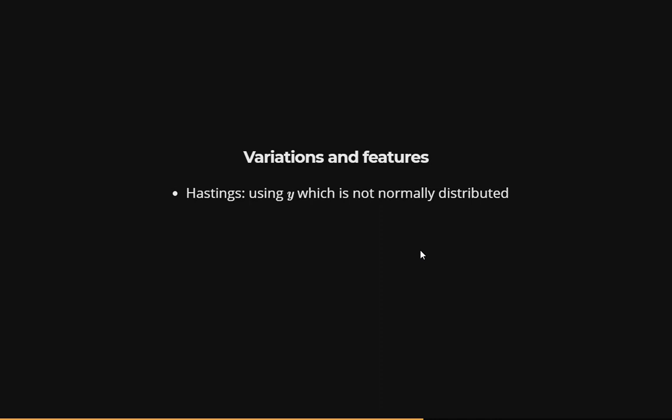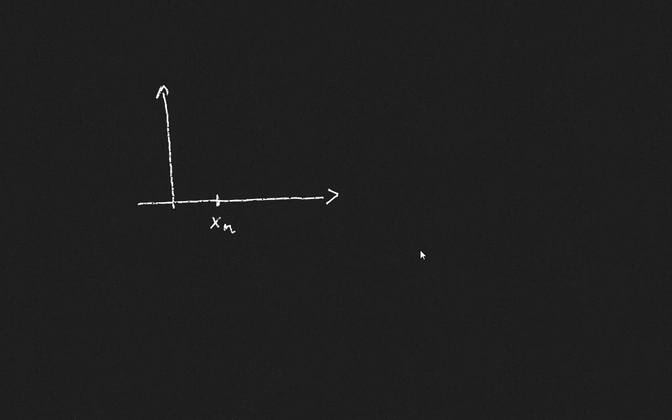The Hastings variation is using a displacement y which is not normally distributed. Why do that? Well, let's say you're at a point x, and let's say we are on the real line.